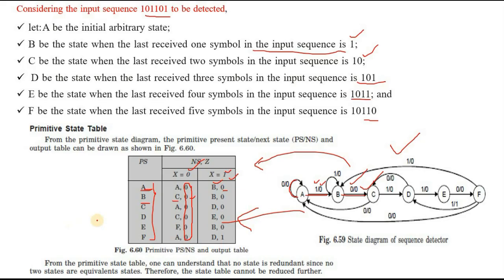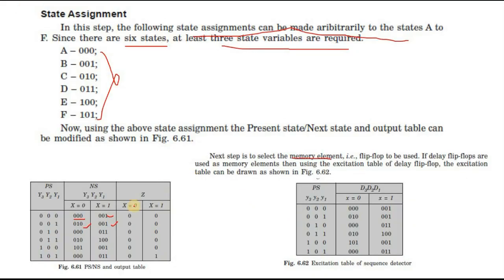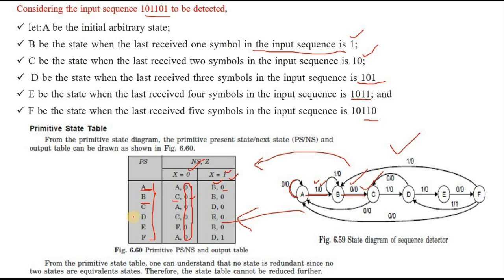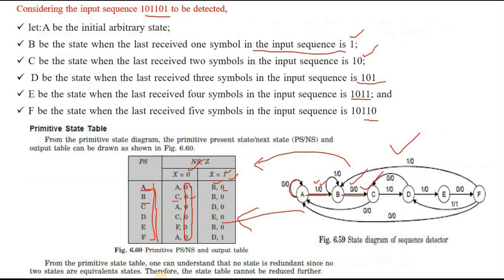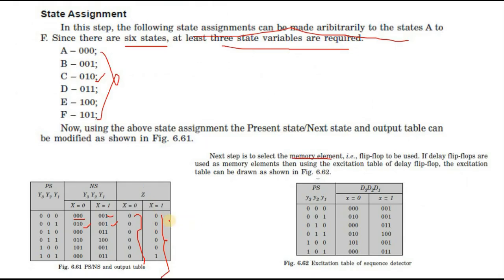C. What is the value for C? C is 0 1 0 1 0. Look here, I just replaced these variables with the equivalent state assignment, and I have written the corresponding outputs too. If you look at this table, all zeros, the last one is 1. So here also all zeros, the last one is 1.